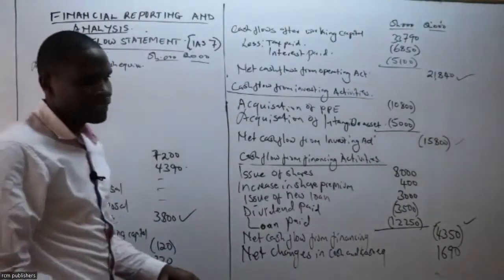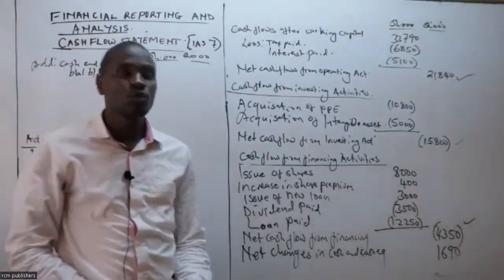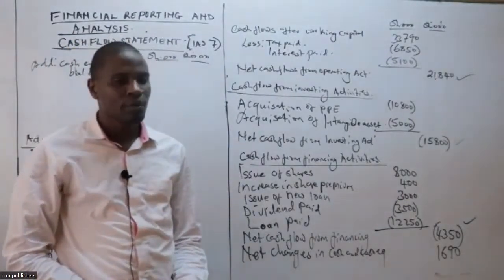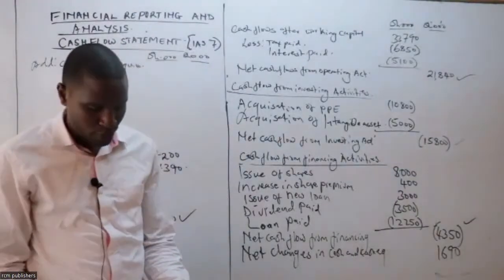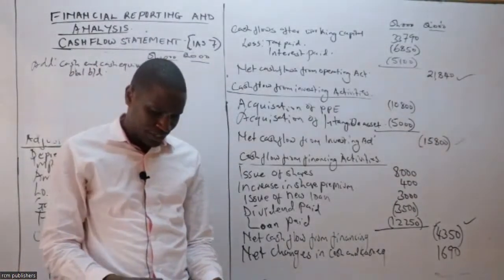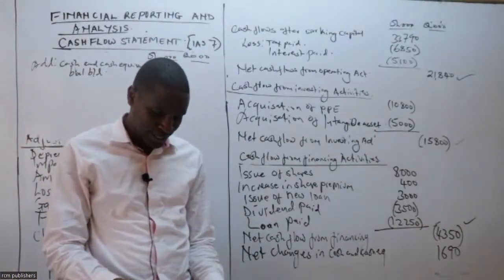How do we get cash and cash equivalent balance brought down? You go to where we have the current assets. Where we have the current assets, you have the cash and cash equivalent, and this is how you do it. Cash and cash equivalent, I can see we had 46.